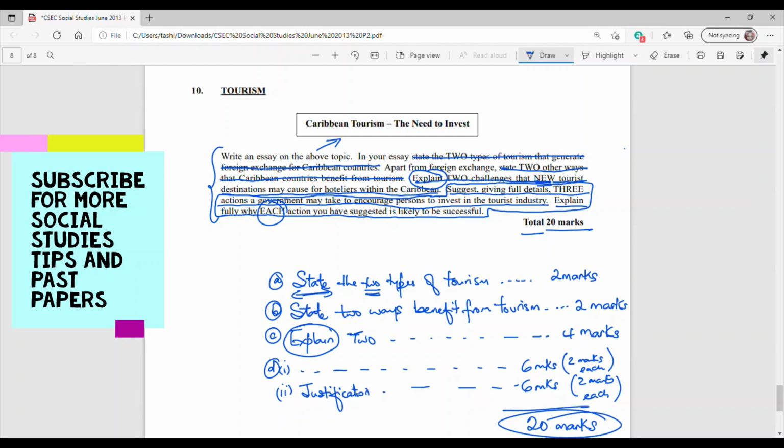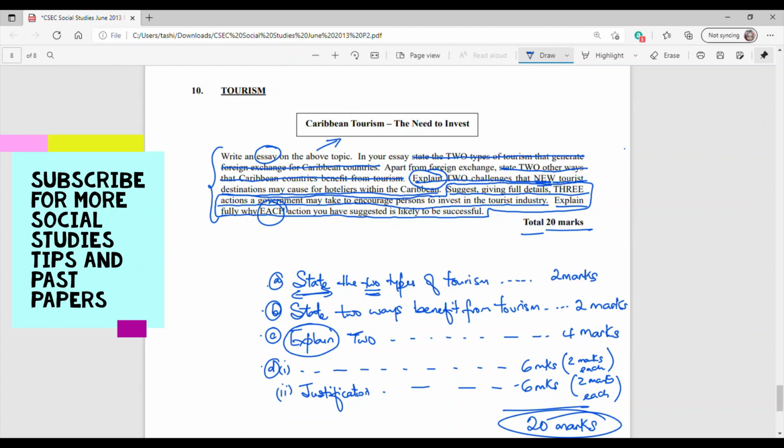So looking at it this way, it is just like one of the other questions that you would have done in the earlier part of the paper. It is just that they are asking you to write it in an essay format. So the only thing that you're changing is the fact that you're not separating your responses anymore.